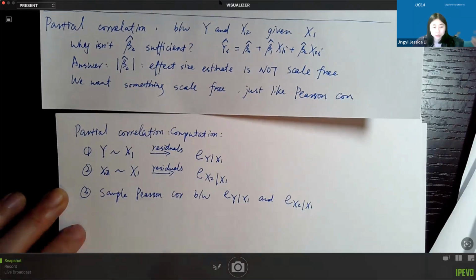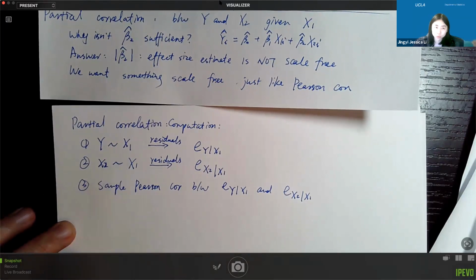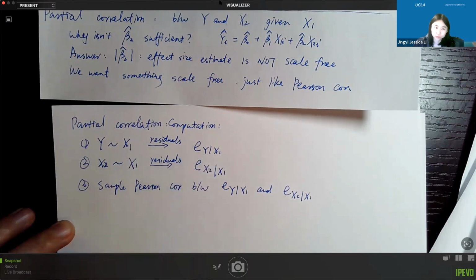Based on this procedure, you can see that x1 may not be just one predictor. You could have a set of predictors to be conditional on. Let's say you have p-1 predictors and you are interested in the partial correlation between y and one of the predictors. Then you will be conditioning on the remaining p-2 predictors. So x1 can be a set of predictors.